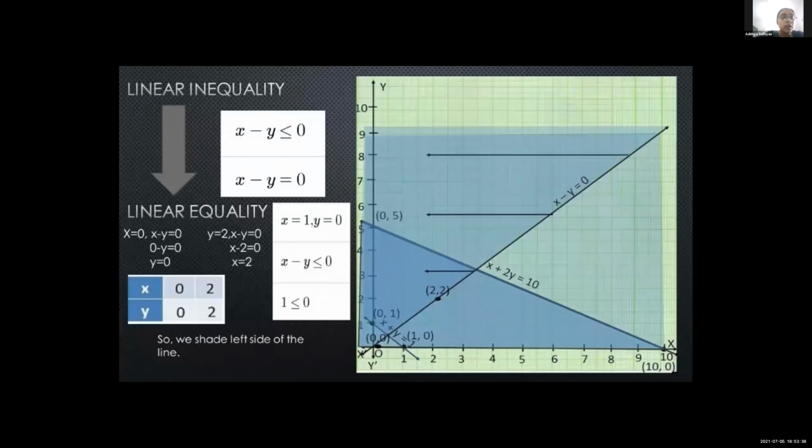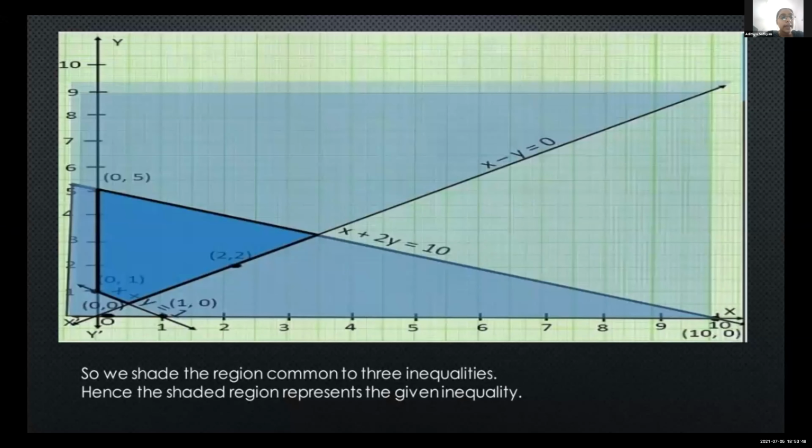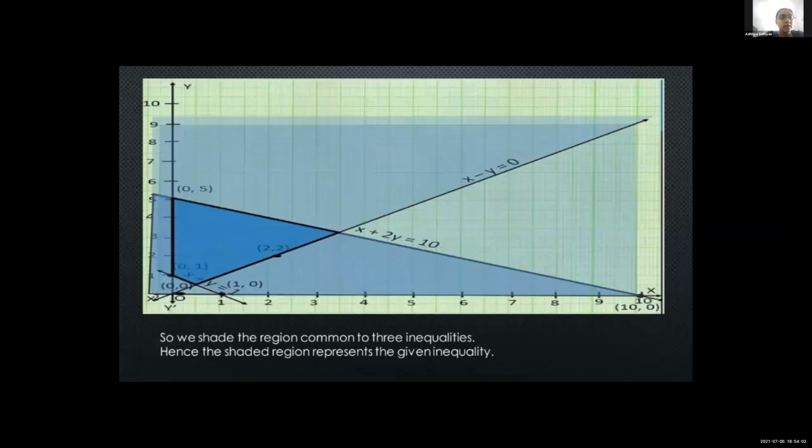Then you got the region to be shaded is the left side of the line. At last, in the graph you will get something like a triangle, but it's not actually a triangle. This darker region is considered to be the region which represents the given inequalities. Thank you.